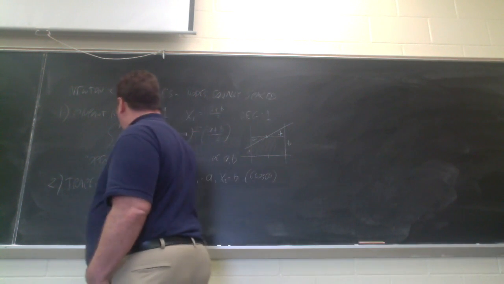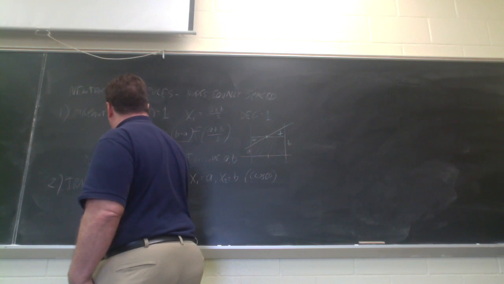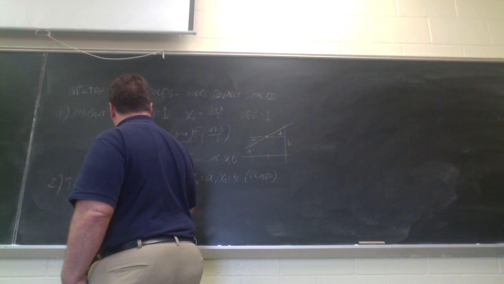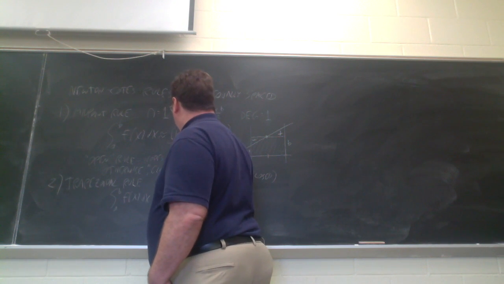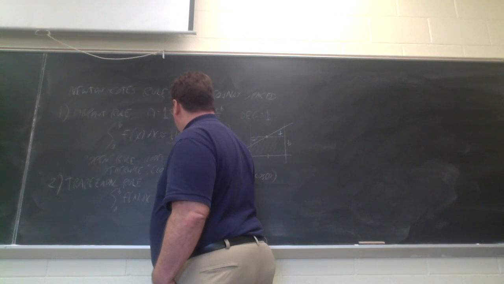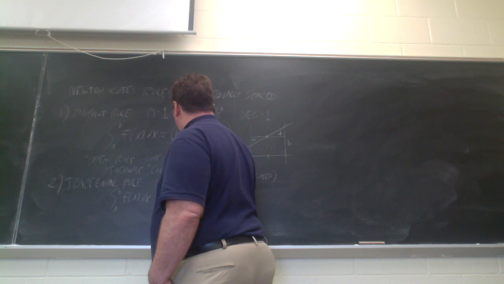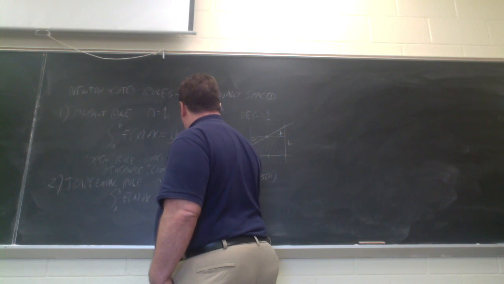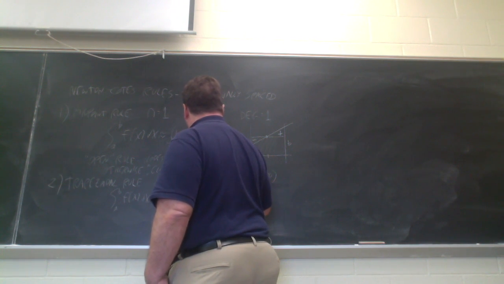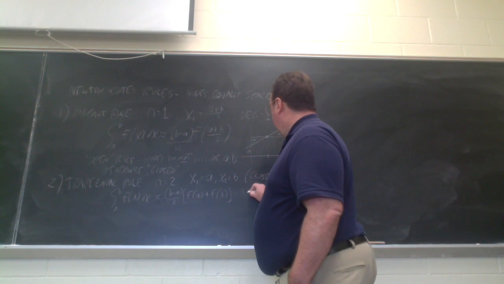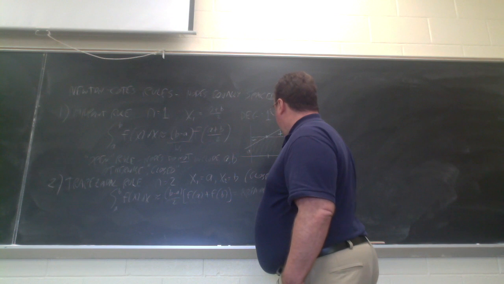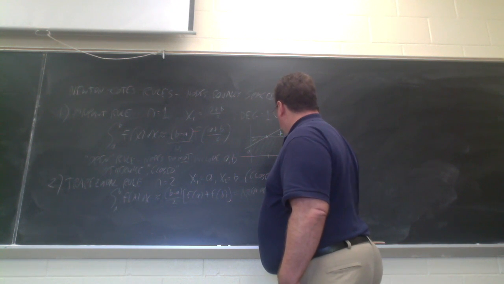So what we do here is it's approximated by (B minus A) over 2 times (f of A plus f of B). So this is the area of a trapezoid.